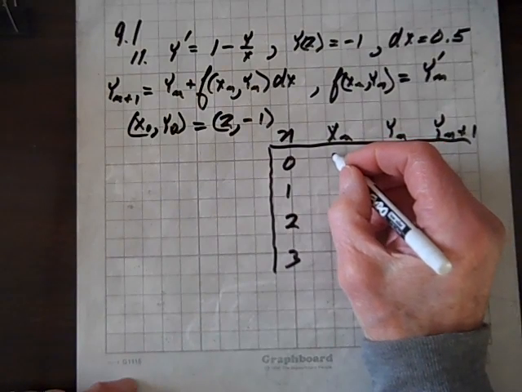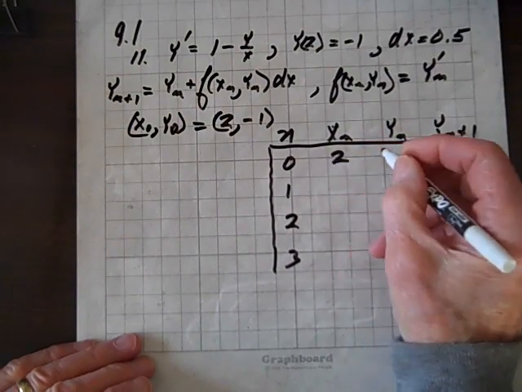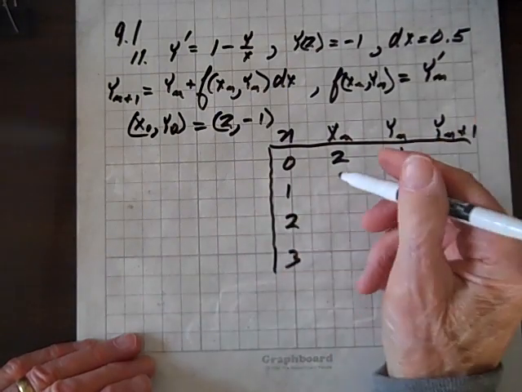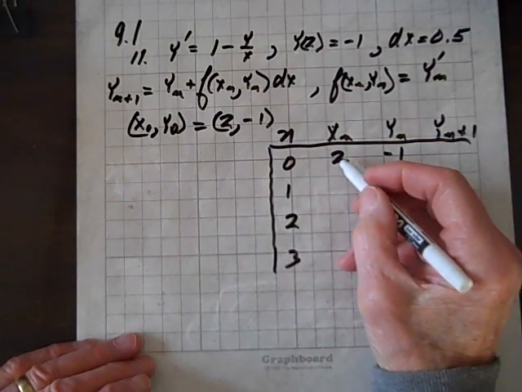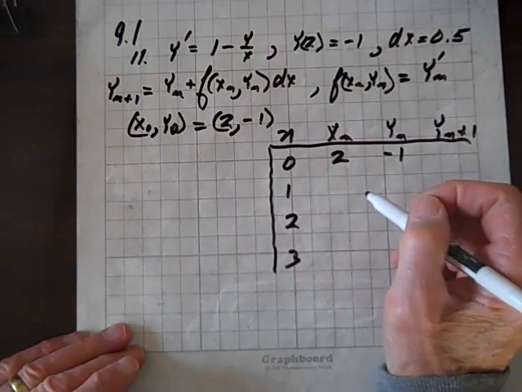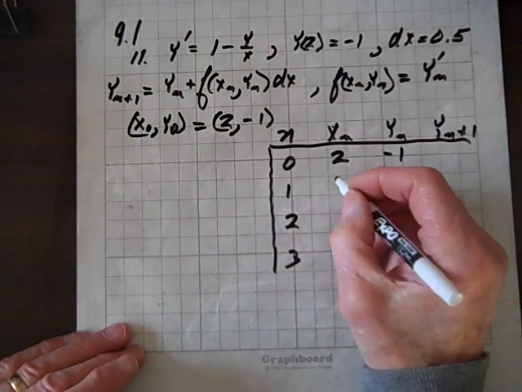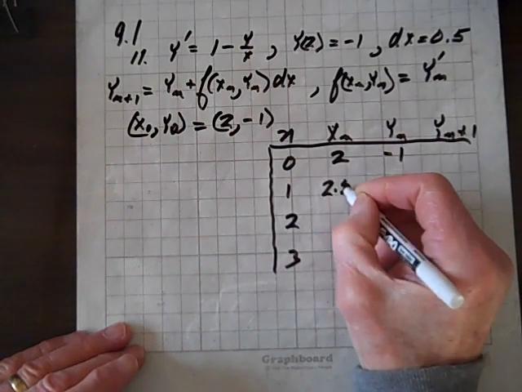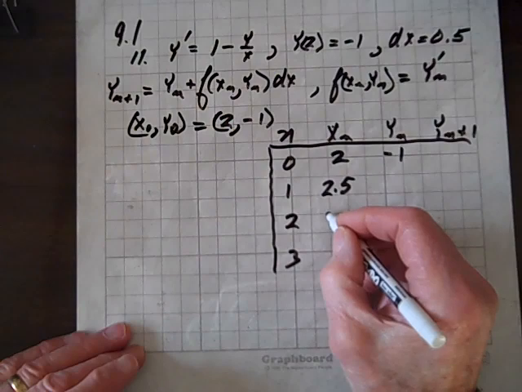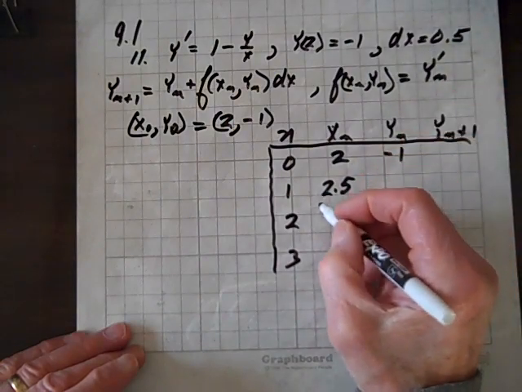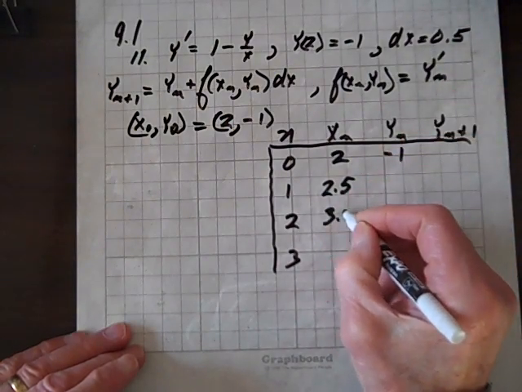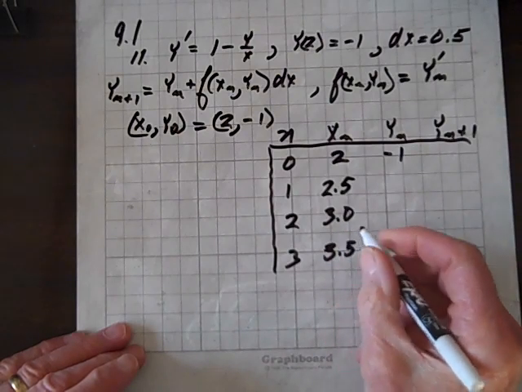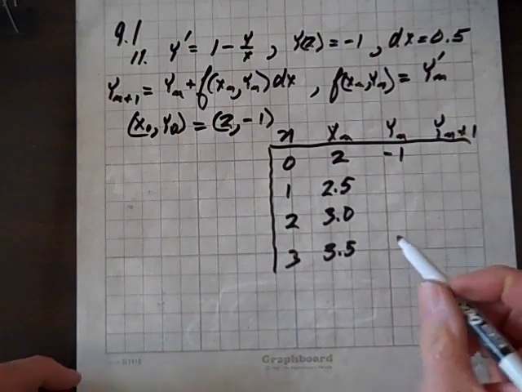And so x sub 0 is 2, y sub 0 is negative 1. When we go up, let n be 1 more, our new x value will be 2.5. Going up 1 more, that change in x is always 0.5, would be 3.0, and then 3.5. What we have to determine are these subsequent y values.